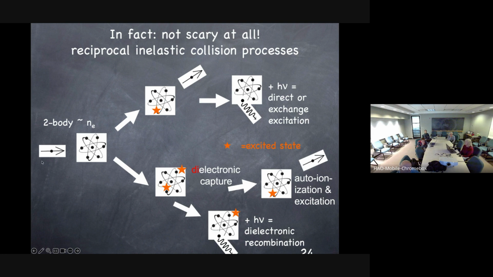The thing about dielectronic recombination is we have this incoming electron again on the left-hand side. And again, it's a two-body process, which is why it's important. But instead of exciting just one electron, two of these electrons get excited, which is a perfectly valid outcome. After all, the idea of an individual electron is just our projection onto a certain kind of wave function as to what might happen next.